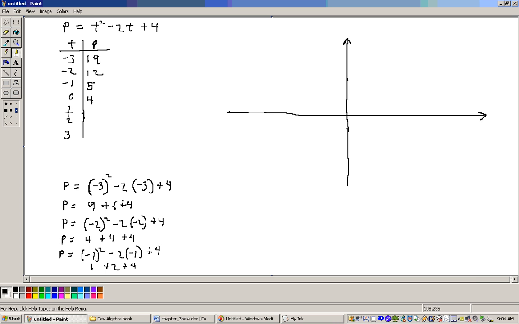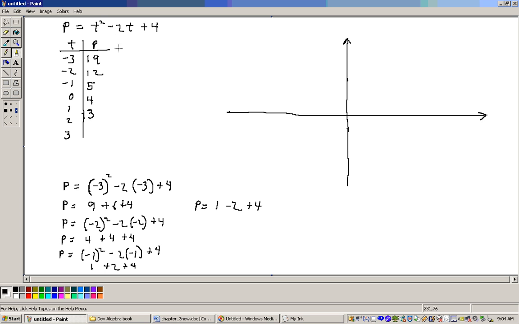When I substitute 1 in for t, that would be p equals, substituting the 1 in for t, it would be 1 squared, which is 1. 1 times negative 2 is minus 2 plus the 4. And what does that give me? Well, that's 5 minus 2, which is 3.